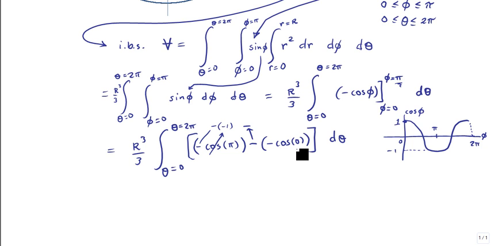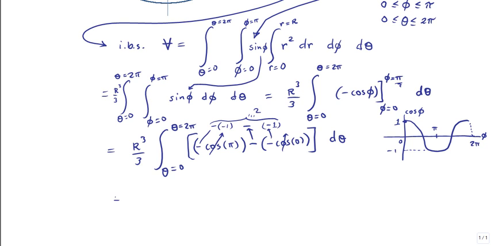So the minus times a minus 1 is a plus 1, and this is also a plus 1. So all of this comes out to being 2.